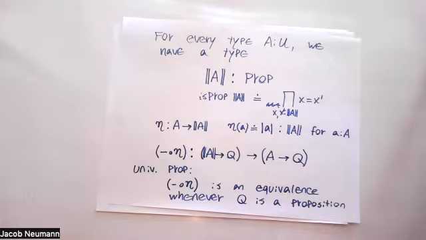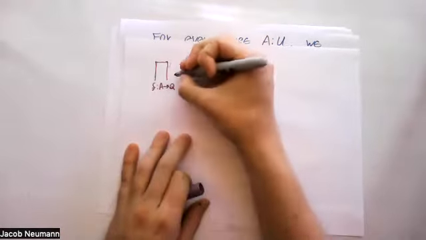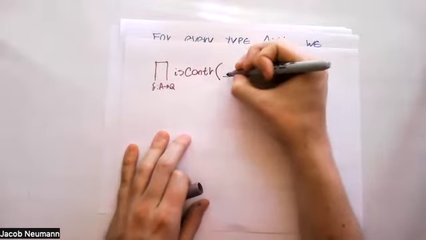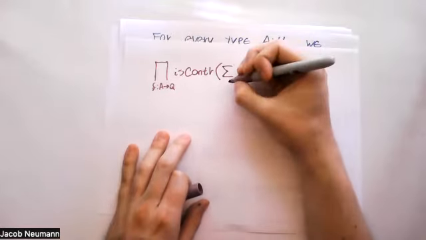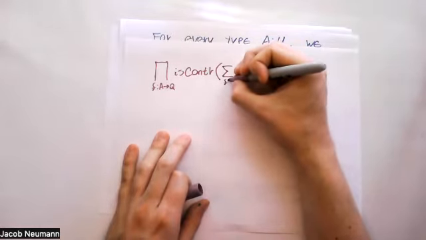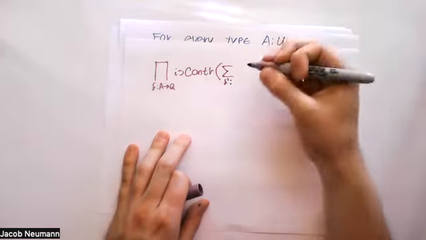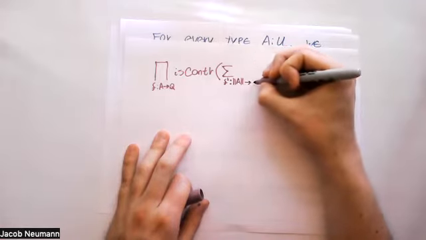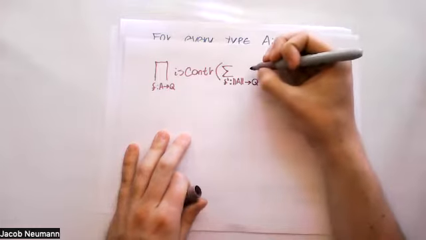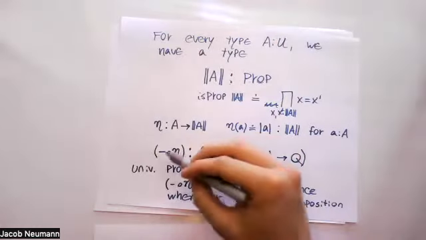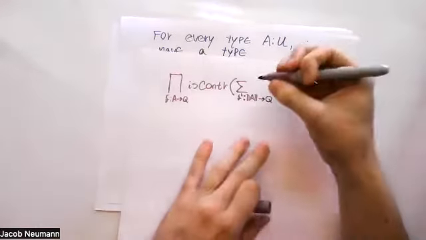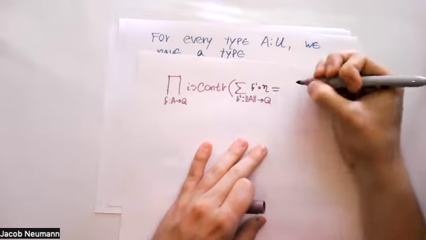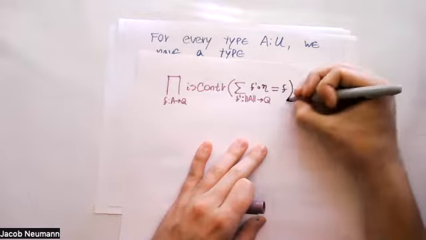So we write that as: the center of contraction is F prime from the truncation of A to Q, such that if I apply this precomposition map, I get F. So such that F prime after eta equals F.